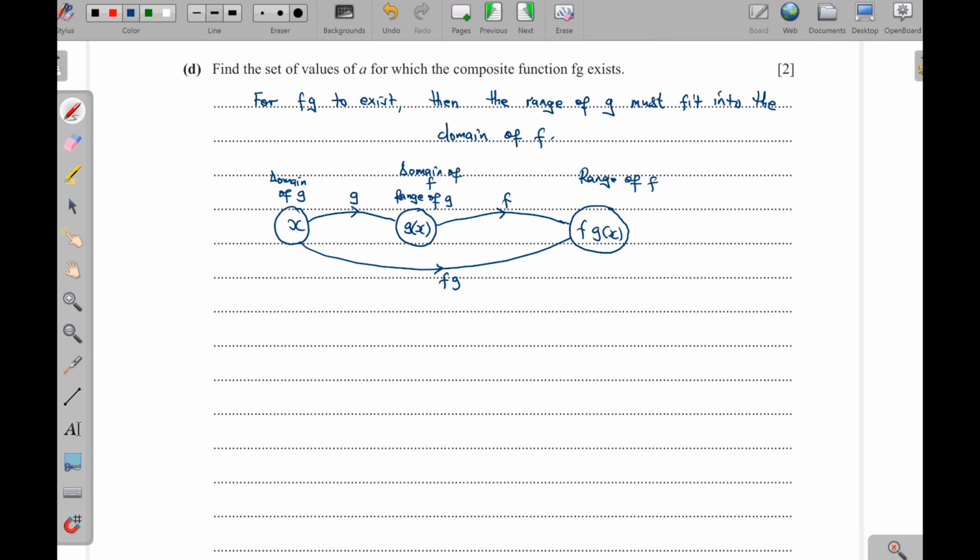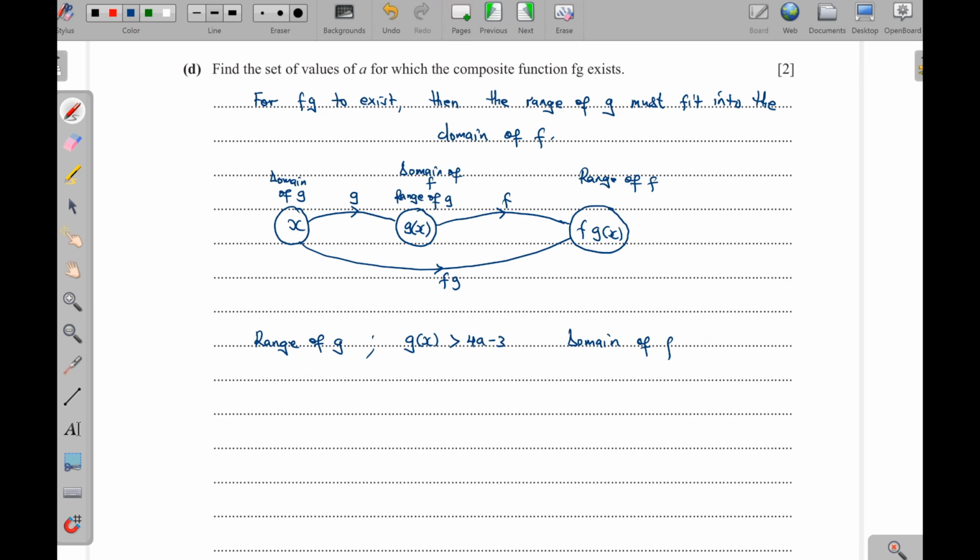Now the domain of f, let us look at the domain of f. Range of g. Let me begin with the range of g. Range of g, we have said it is 4a minus 3. So g of x has to be greater than the 4a minus 3. Then, in other words, the range of g is given by this expression here. And then the domain of f, what was it given as?